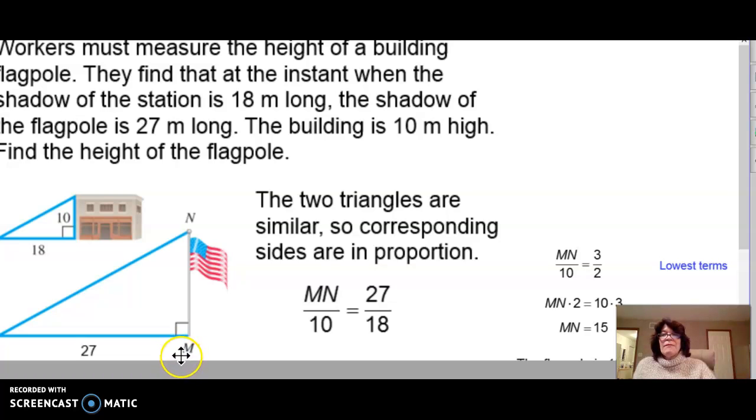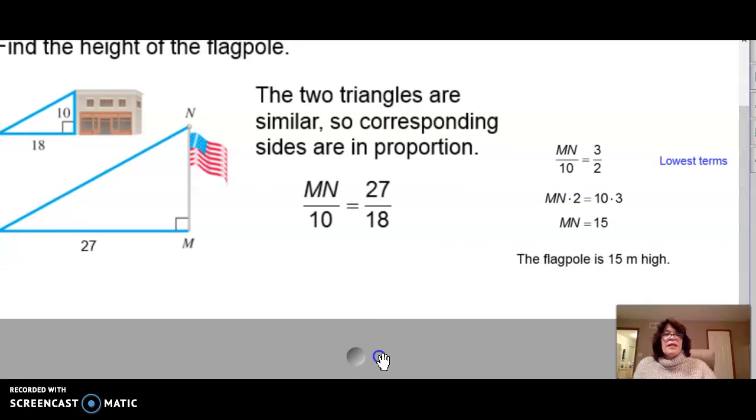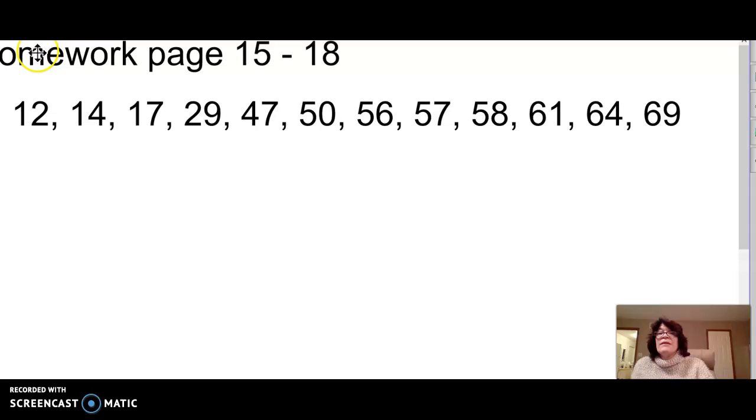So MN, which is this side, is to 10 in the same ratio that 27 is to 18. I reduced that to 3/2, cross multiply, 2 times MN equals 30, so MN has to be 15. The flagpole is 15 meters high, and I didn't even have to get out a ladder.